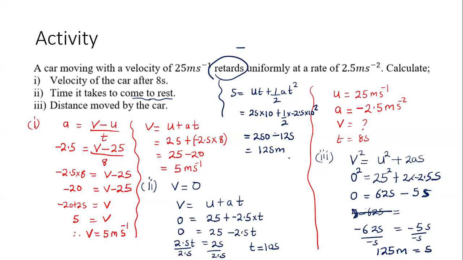Now that is the zero you are seeing, because they told us the car is coming to rest. Coming to rest means as if they have found a policeman and now they have to stop. So whenever you stop, your final velocity is zero. Only if they say it comes to rest will the final velocity be zero? Yes, or if they specify. Okay, thank you.